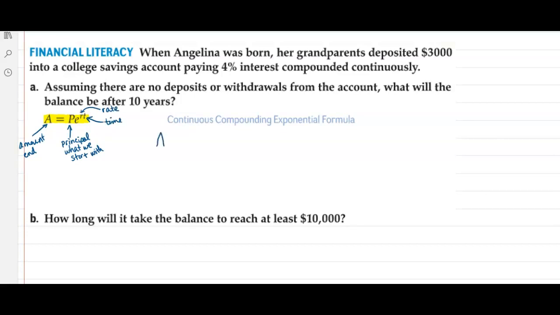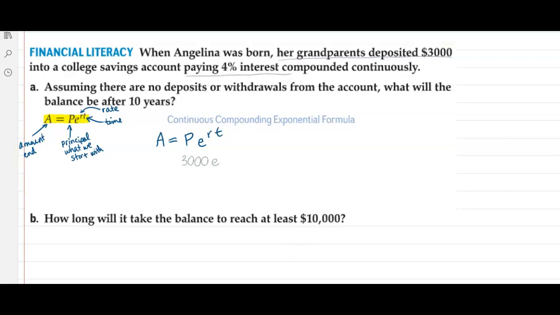So if we start with this equation, A equals P E to the RT, let's take each little bit of information that we're given and plug it in. Her grandparents deposited $3,000. That's what they started with, $3,000. E is always going to be E. It's not a variable, it's actually representing a number.